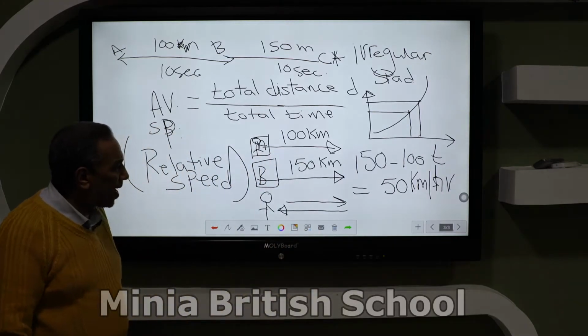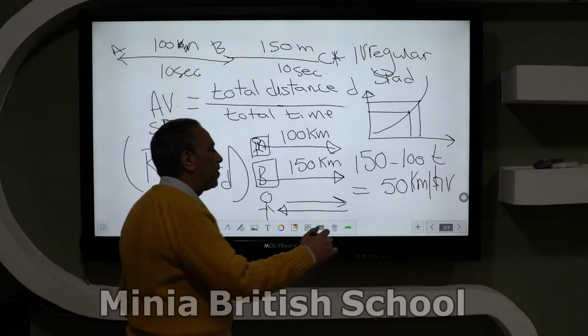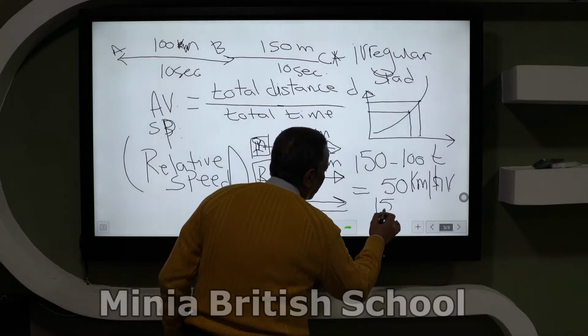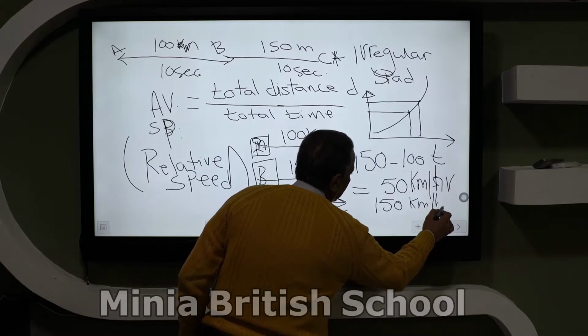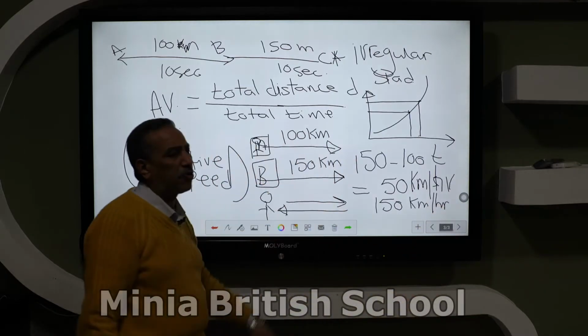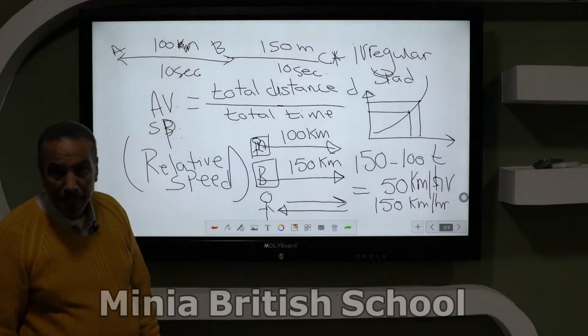What will happen if they are moving in the opposite direction? In the opposite direction, the observer will see the second car with the summation of them, 150 plus 100 kilometers per hour. If they are in the same direction, subtract them. If they are in opposite directions, add them.